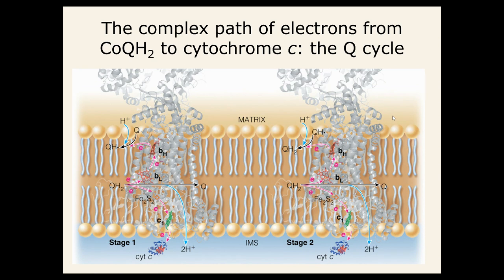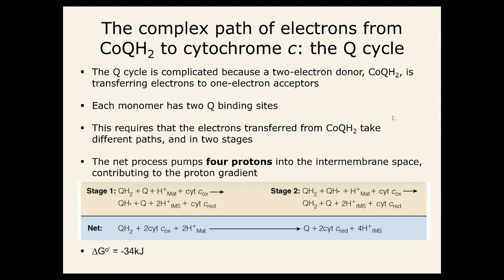It involves some cytochromes, some iron clusters, and ultimately it's going to take the reduced coenzyme Q and reduce cytochrome C.